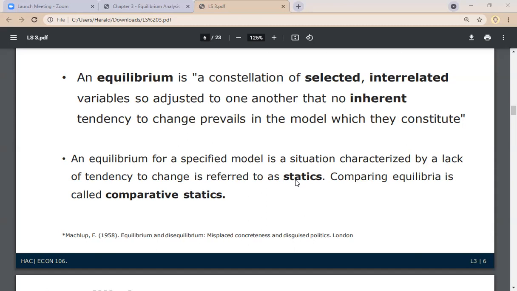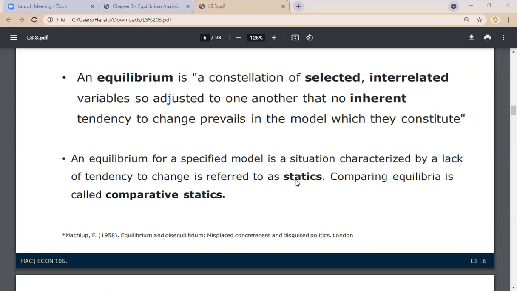The equilibrium state that we are referring to in this chapter is static. In simpler terms, it's a snapshot of an equilibrium state, because we are looking at it at just one point in time.